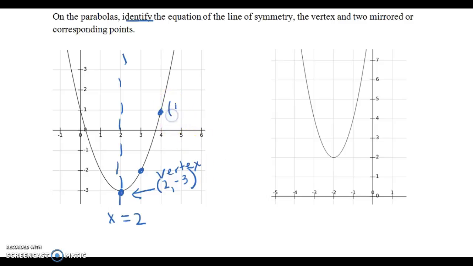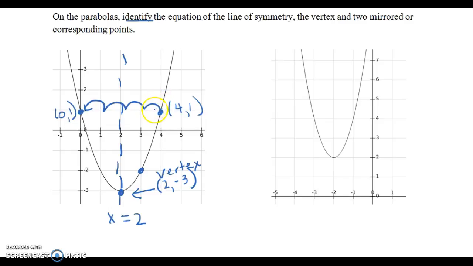So this point is 4, 1. Each point on a parabola has a mirrored point on the opposite side of the line of symmetry. So over here, if I look, there's another point right here at 0, 1. That's the point that is mirrored or corresponds to 4, 1 on this parabola.